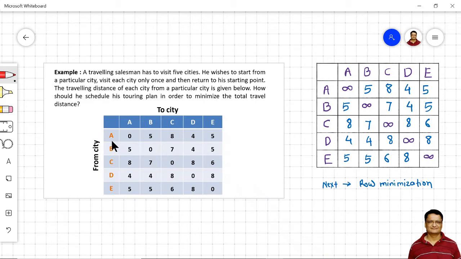Also, we do not wish that a salesman should travel from the same city to the same city, so we will allocate the cost of infinity at this point so that we can avoid any allocation for the salesman to go from the same city to the same city. The remaining distances between the cities are given and represented in this table.